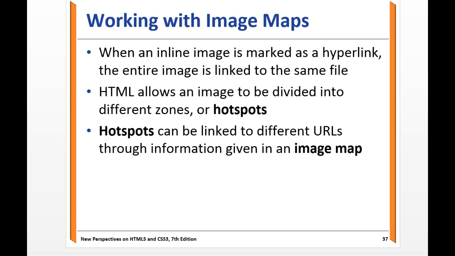The last thing that we are going to talk about is working with image maps. Image maps are an important part of the CSS, and I want to talk more about the image map than the other types.